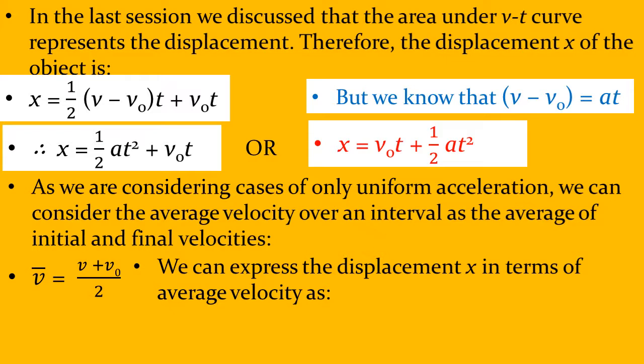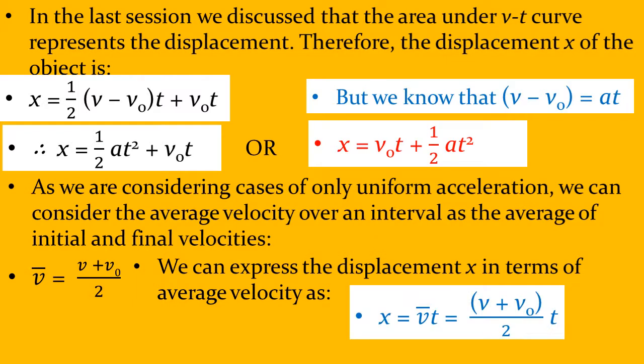Now we can express the displacement x in terms of the average velocity. How? I can say displacement x is equal to v bar, the average velocity, over the time period over which this average velocity is there. So x equals v plus v0 by 2 into t.